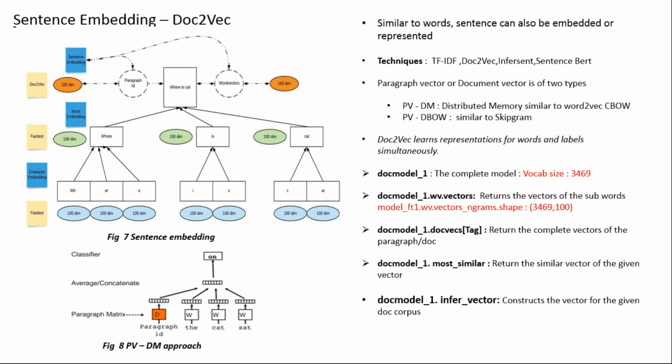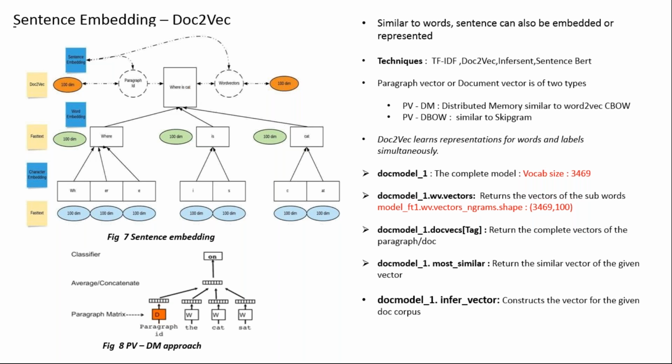"Is" is split into I and S, "cat" is split into C, A, T, and there are different embeddings for each of them, which is a 100-dimension embedding. FastText also embeds each of the words in addition to the character n-grams. That is where you see the 100-dimension embeddings in the second step from the bottom of the pyramid.